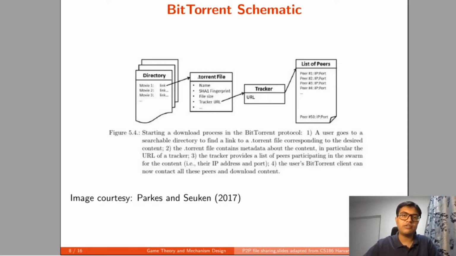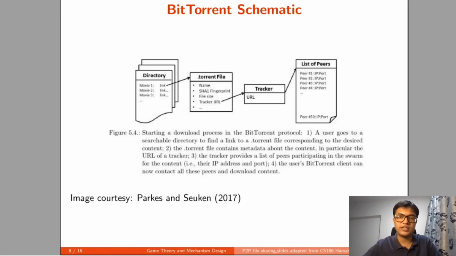This torrent file you typically find on certain websites. Suppose you are looking for a specific Linux distribution, you search for that torrent file, and you will possibly hit a directory where you can find all the links, and you go to that torrent file and download it. It has all this information, including the tracker URL.